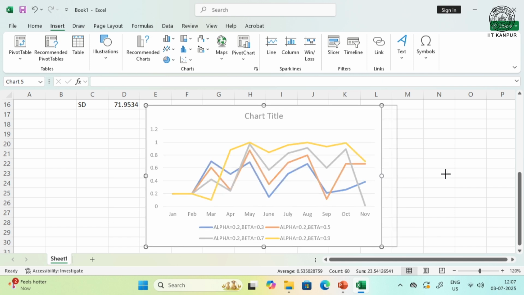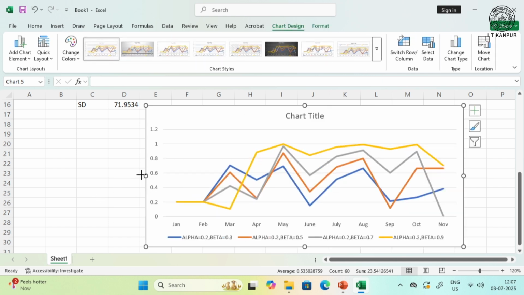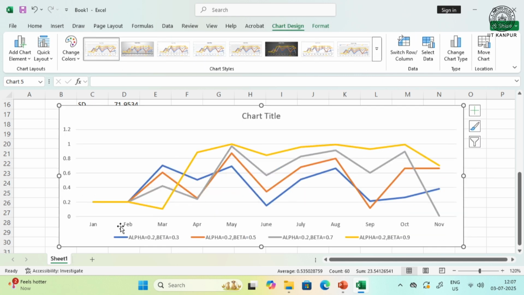these are how the values of alphas are fluctuating. Along the x axis you have the month and along the y axis you have the alpha values. The blue color is for alpha 0.2 beta 0.3, red is for alpha 0.2 beta 0.5, the gray one is for alpha 0.2 beta 0.7, and the yellow one is for alpha 0.2 beta 0.9.